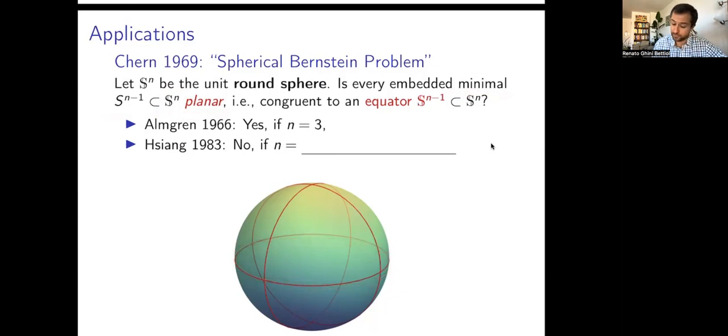So the answer is affirmative in dimension 3, and that's a well-known theorem of Almgren. But actually, even starting at 4, the answer switches to no. That was discovered by Hsiang in the 80s.